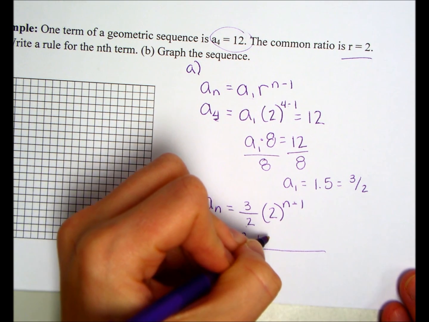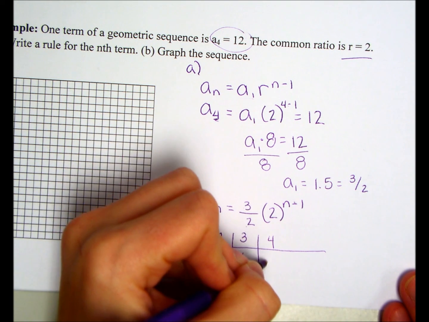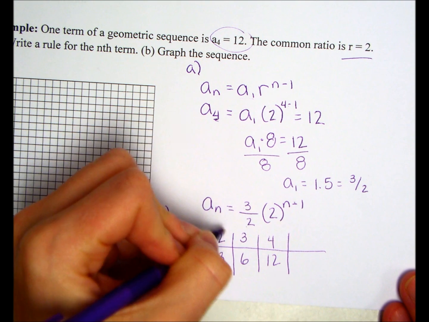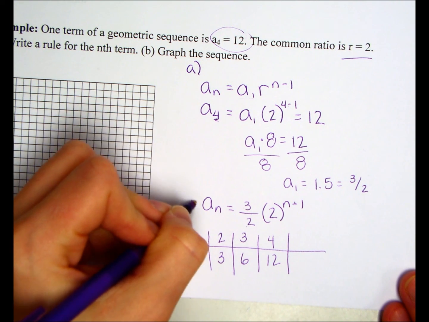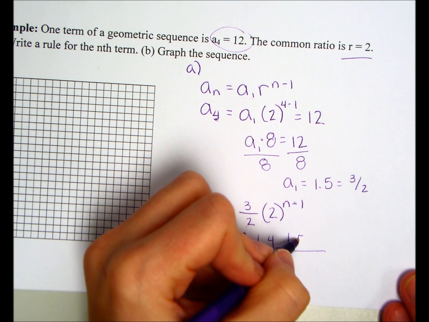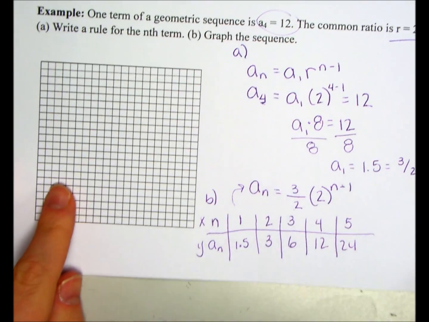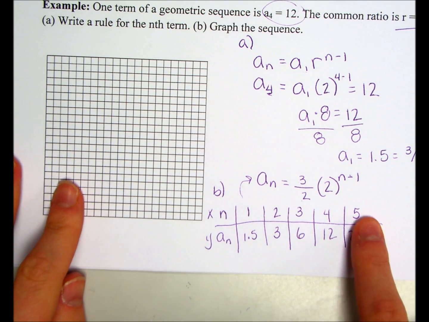And then if I plug in 4, 2 cubed is 8. 8 times 3 over 2 is 12. Just plugging these n's into this equation. And then we can keep going. We get 5, 24, and you can go on and on and on. So we're just going to graph this. Like I said, these are my x's, these are my y's.